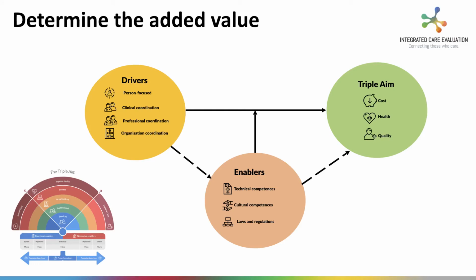And this is basically the research agenda we're now working on: determine the added value. Here you have the drivers, as we already discussed, basically how things are coordinated, and the enablers. Are the enablers an effect modifier or a confounder? That's the big question.